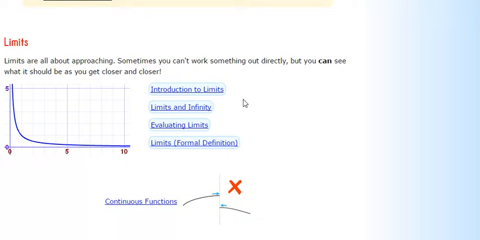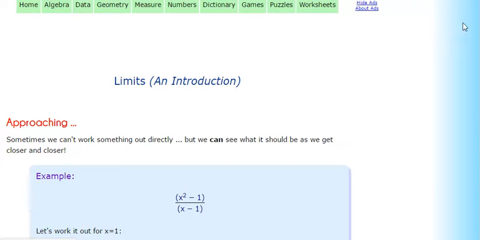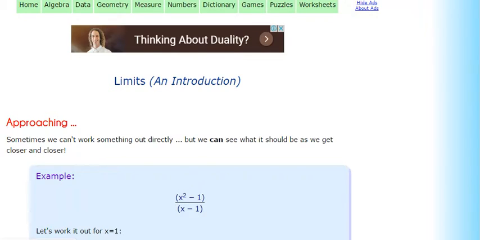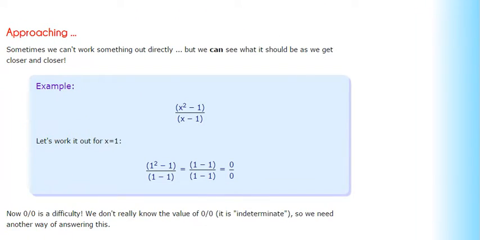So shall we start with limits? Okay. Limits will be introduced as approaching. For example, you can see here x square minus 1 over x minus 1. If I give x equal to 1, it becomes 0 by 0, that is an indeterminate form, which cannot be found.